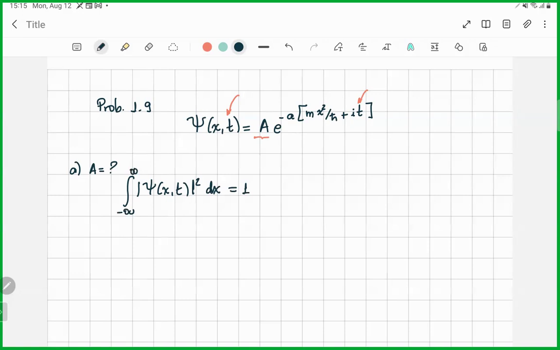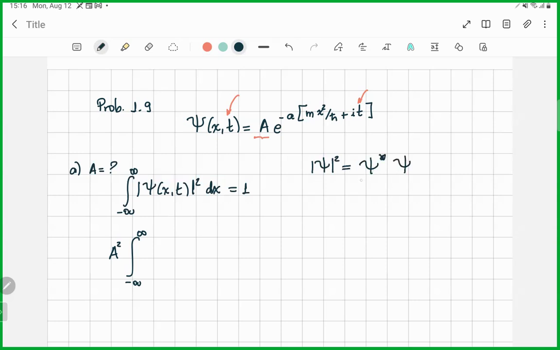Since the big A is already real, as they said, I'm going to put A squared outside, but the correct way is the absolute value. In principle, it could be complex. The problem told us that it is real, so that's why I'm just putting the square like that. And then inside the integral, what is the absolute value squared of psi? It is the complex conjugate times the function.